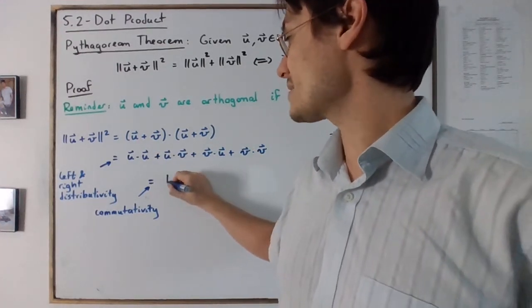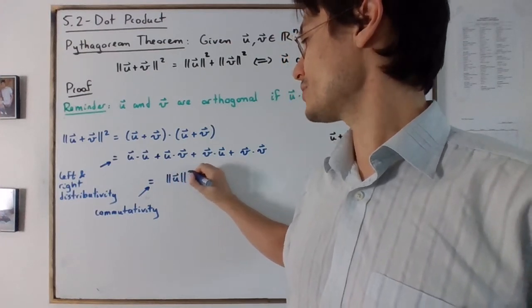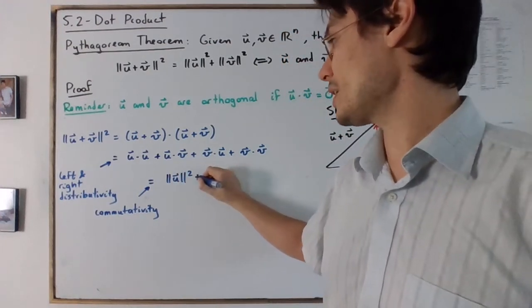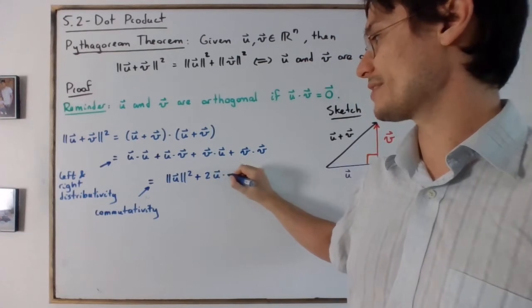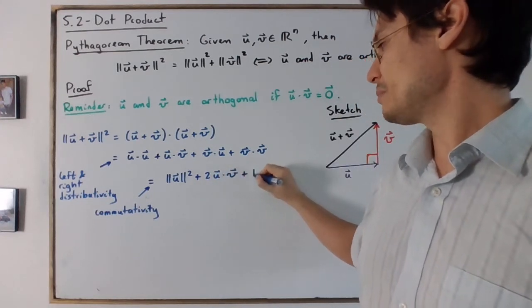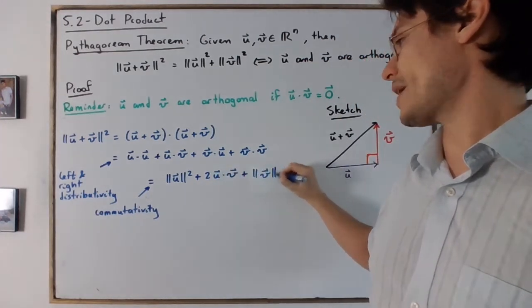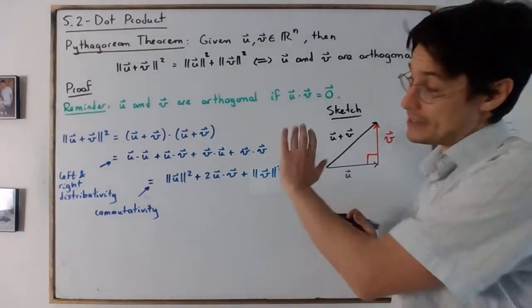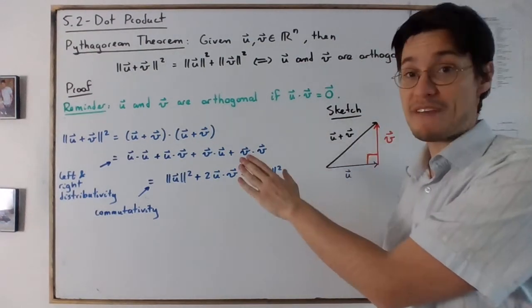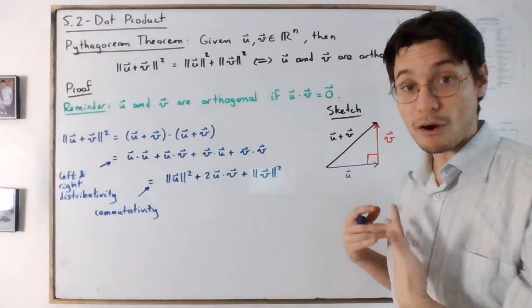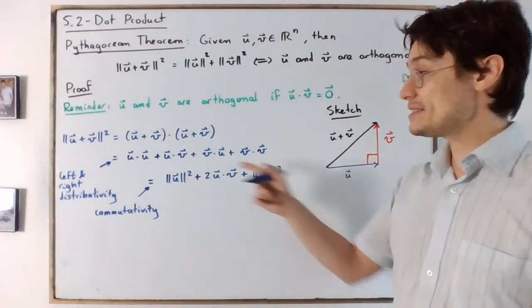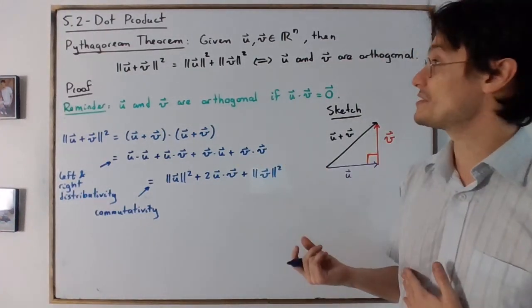And by the way, u dot u is the norm of u squared, plus 2 u dot v, plus the norm of v squared. This is true for every vector, regardless of whether they are orthogonal or not. And this is what will allow us to prove the theorem.